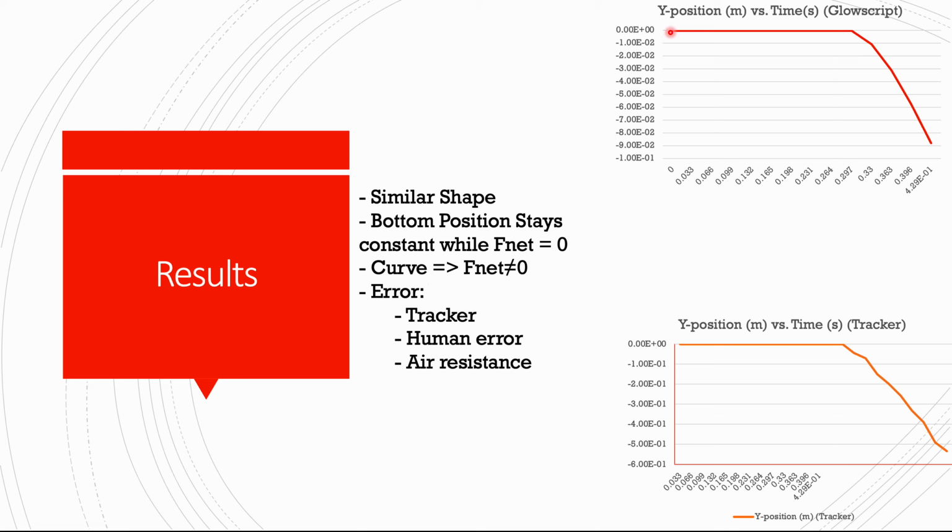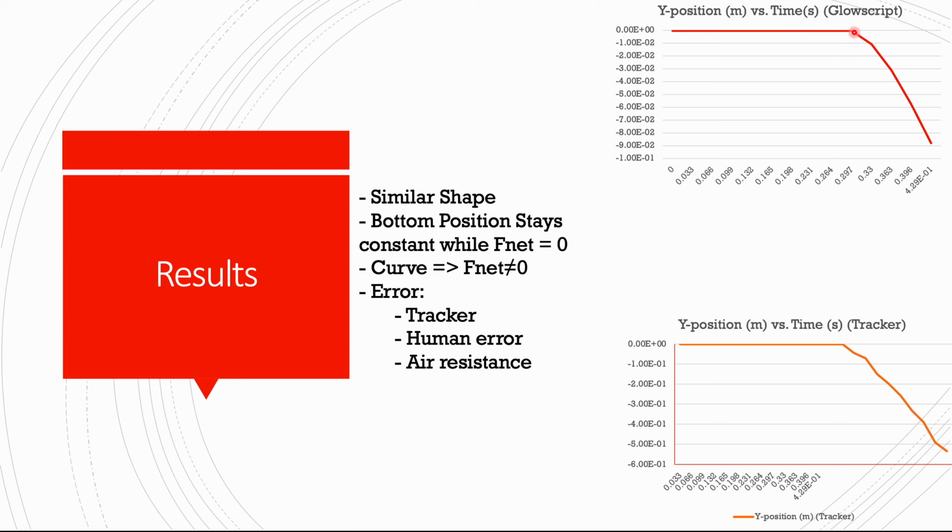Notably, as you can see in this section here and here, this is modeling the bottom of the slinky, and notice that it stays in a constant y position for about the same period. This is because, again, there's no net force on the system at this time. The spring force and the gravitational force cancel out, so there is no net force and therefore no acceleration downwards.